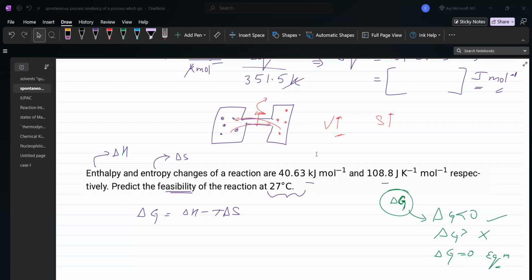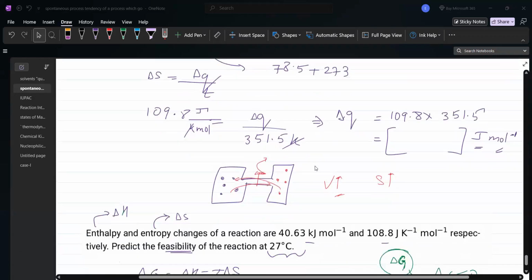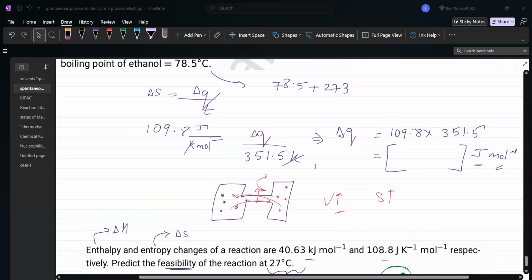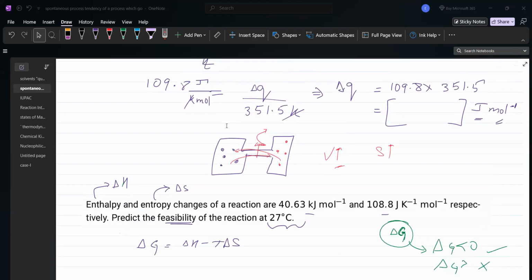Okay. This mixing of molecules or this numerical? Mixing of molecules. Okay. See.